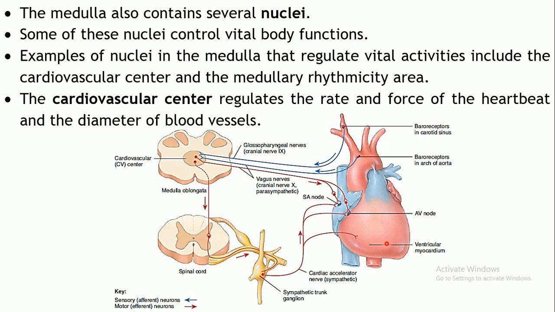So your heart contractions or the rate of impulse generation at the SA node also changes as per the requirement of the body. The diameter of the blood vessels, if there are any changes, these are monitored by the cardiovascular center. Accordingly, signals are sent. So the cardiovascular center is located in the medulla oblongata.